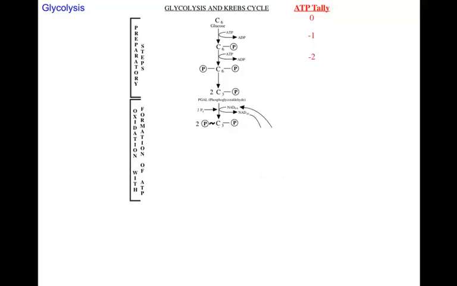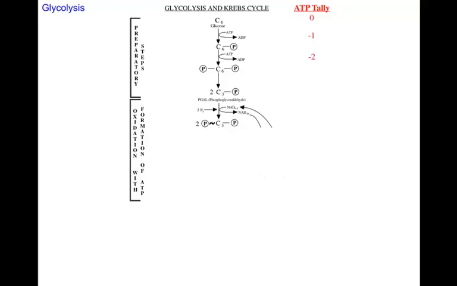So the phosphate group comes on, and notice that when the phosphate groups bind to each of these 3 carbon fragments, it binds by a high energy bond. You can see that wavy bond there. And so now we have these two high energy phosphate groups bound there, and interestingly, the energy with which they are bound to PGAL is higher than the energy required to make ATP. So when this bond is broken, more energy is released than is required to make ATP from ADP and a phosphate group.